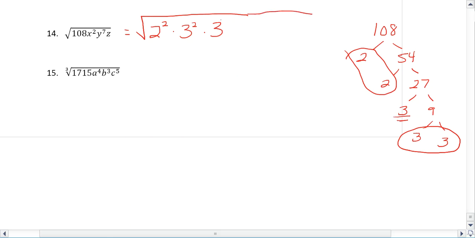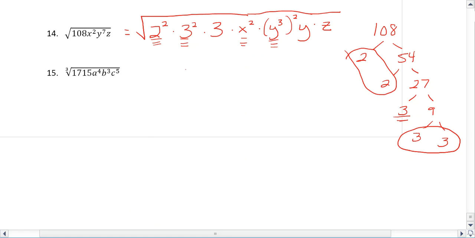Continuing on with our variables, x squared is a perfect square. Y to the 7th, we go down to y to the 6th, becomes y cubed squared, and we have that leftover y, and that z is nothing I can do with it. So I'm going to underline the perfect squares just to be as clear as I can, and that's what needs to come out in front.